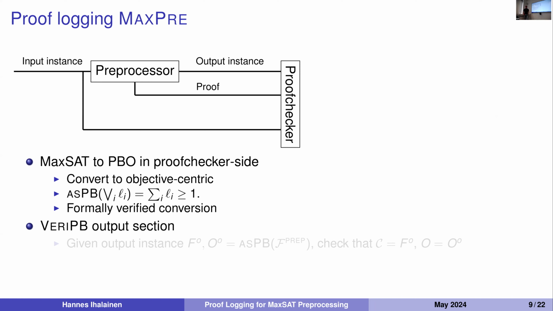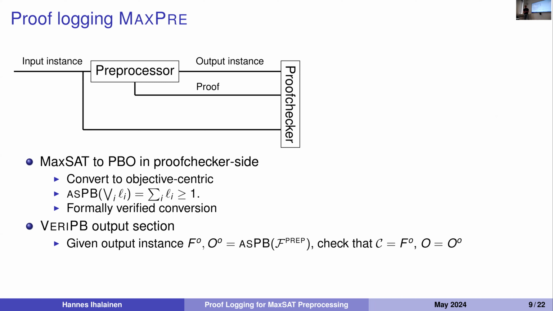And another difference is that now we don't have an answer we are verifying, but we have an output instance we are verifying here. And so what exactly does the verifier do?